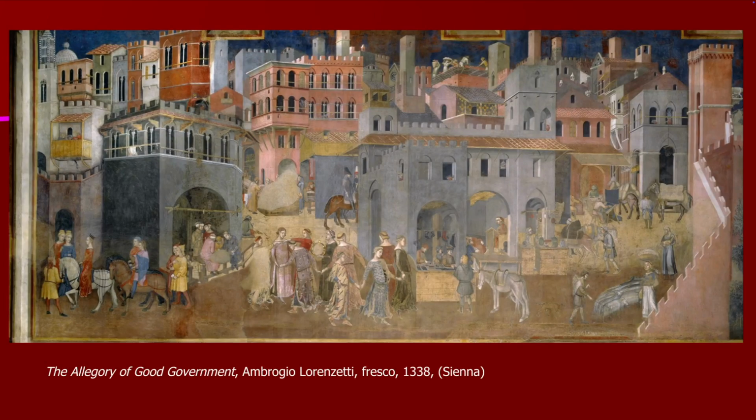I did want to stop here and show you what it looked like before this was discovered. This is a painting from the early Italian Renaissance. It's by Lorenzetti. He lived in Siena, and he did this series of government paintings. And this is his painting, The Allegory of Good Government. And Lorenzetti is from Siena.